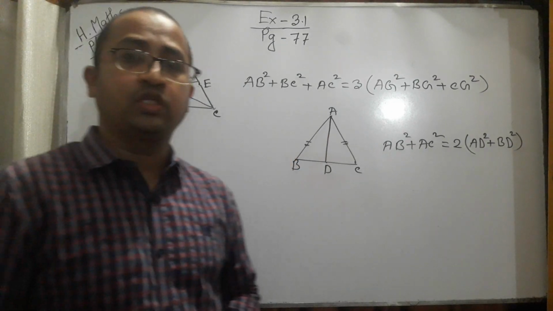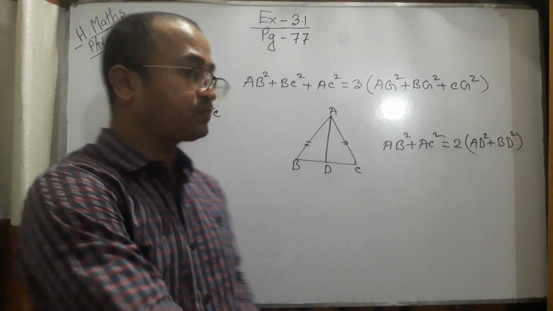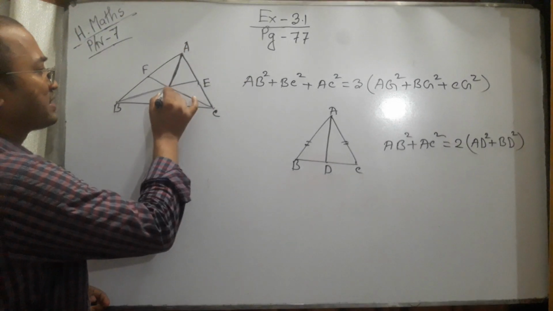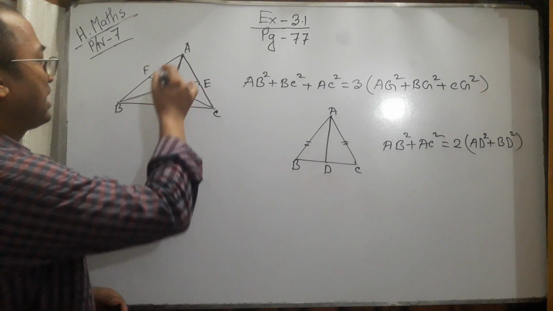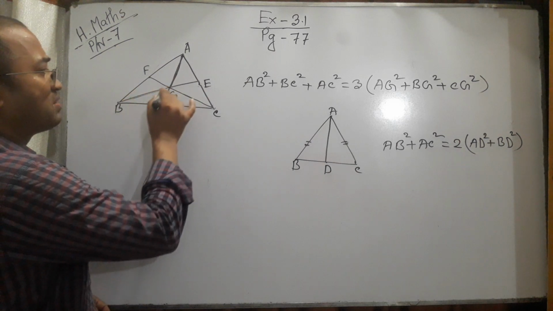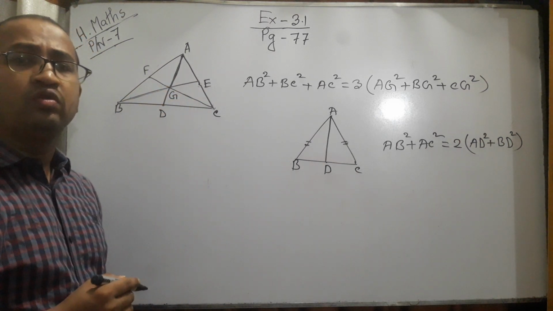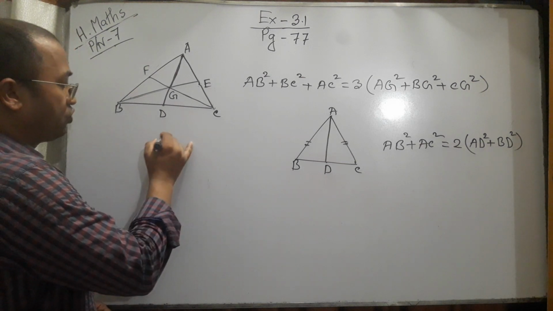Again, another information you should know. That one is G is the centroid in this triangle ABC, and this G, I mean centroid, divide the median into 2:1 ratio.